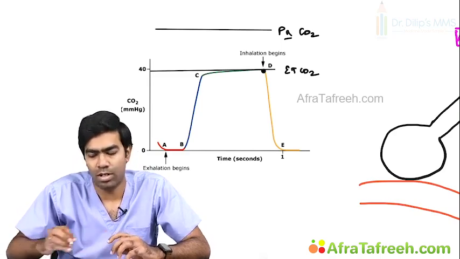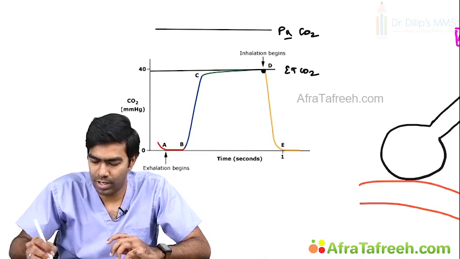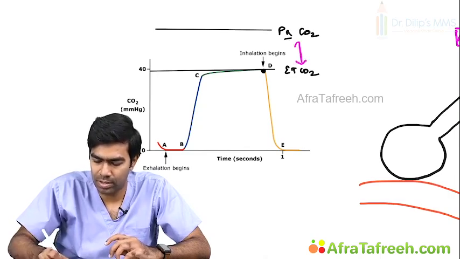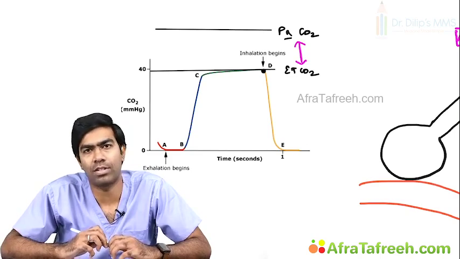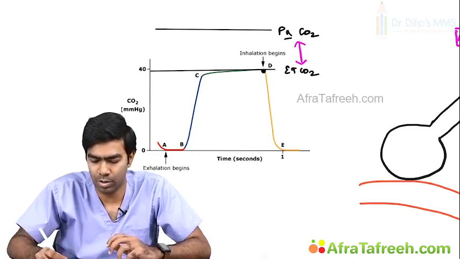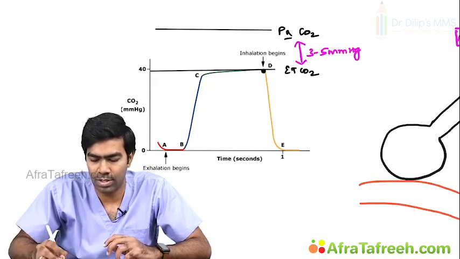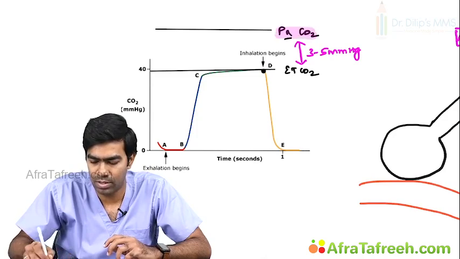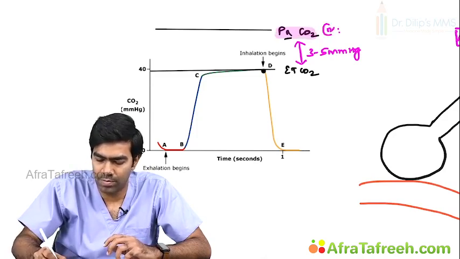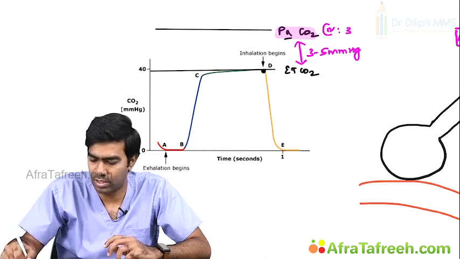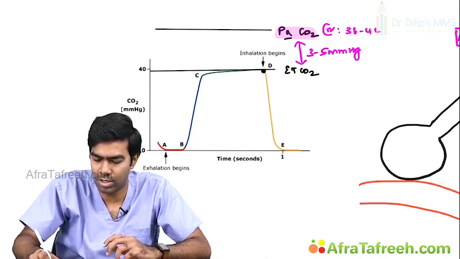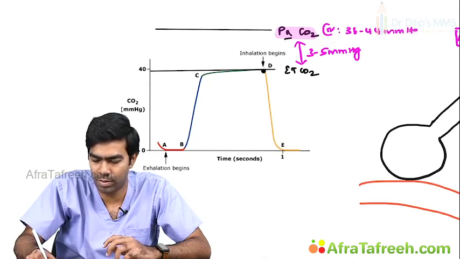So you can see one obvious fact: there is always a gap between the partial pressure of arterial carbon dioxide and end-tidal carbon dioxide. Usually the gap will be 3 to 5 millimeters of mercury. You know very well the PaCO2 normal value is somewhere around 36 to 44, or some books say 35 to 45 millimeters of mercury.